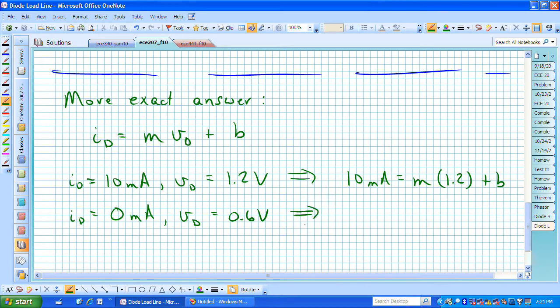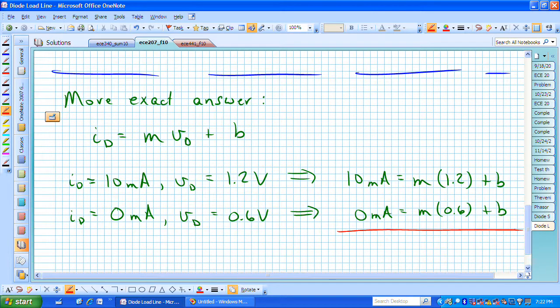That's also a point on that straight line angling up to the right. So that gives us 0 milliamps equal to M times 0.6 plus B. Those 2 equations are valid for the particular values of slope M and intercept B.